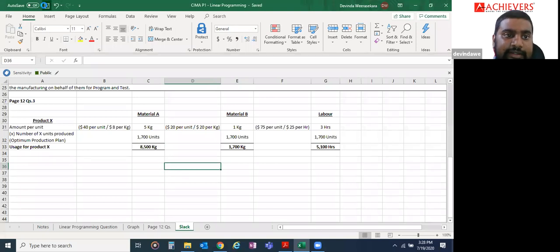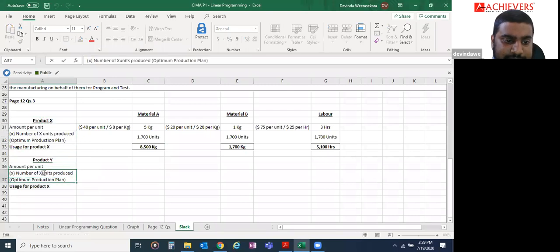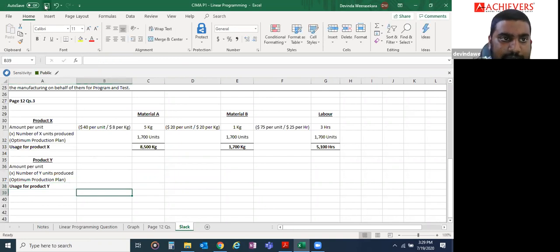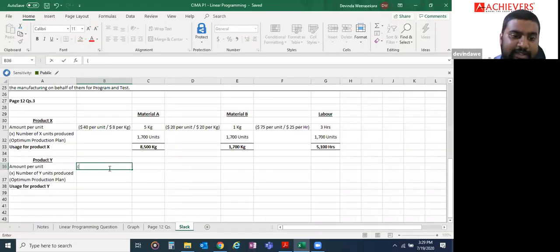Then let's take the usage for Y. Right. So to make 1 unit of Y, how many kilos of material A? 16 divided by 8, 2 kilos. I'm going a bit fast, guys. Now see these things.